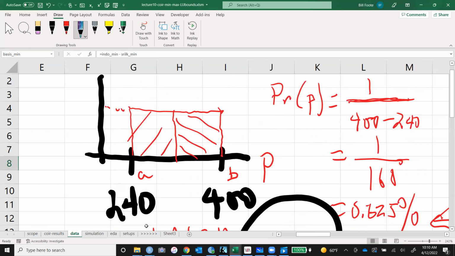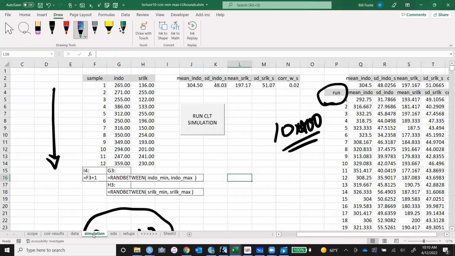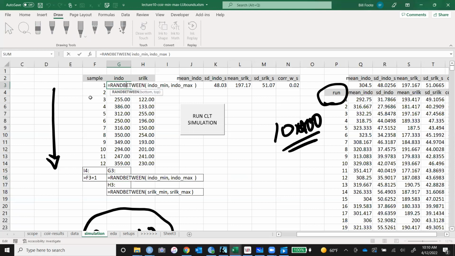And we're going to simulate from this using RAND between. Okay, that's the formula text version. Here's the actual text. RAND between Indo-Min and Indo-Max. So we do these and copy them down.